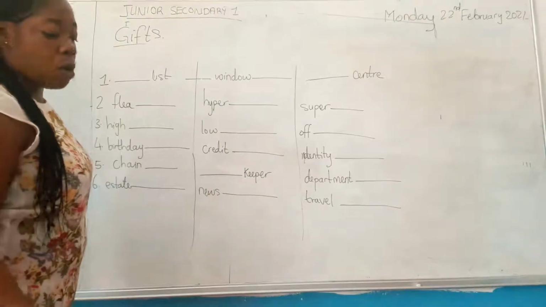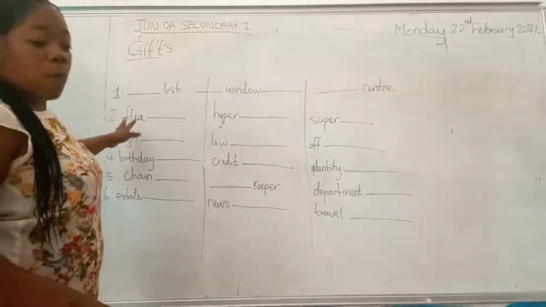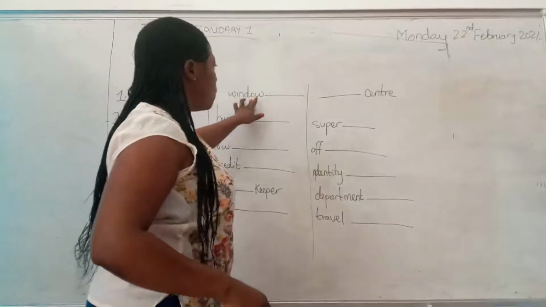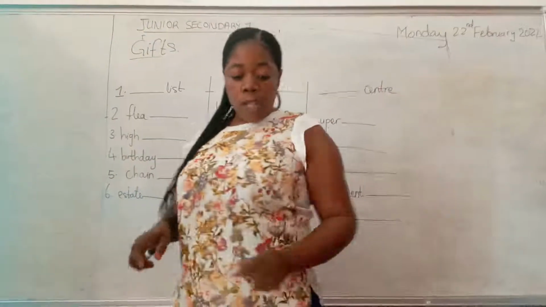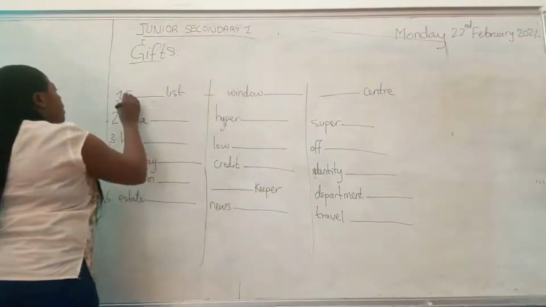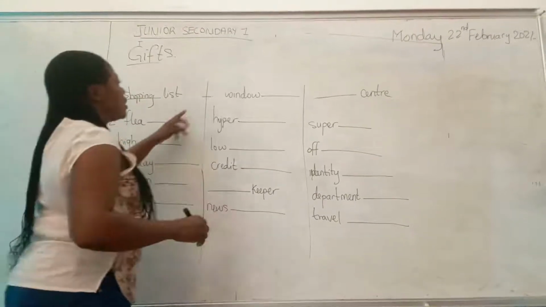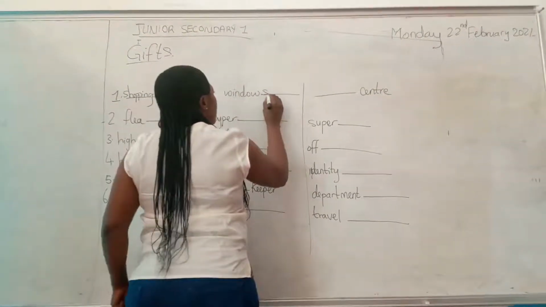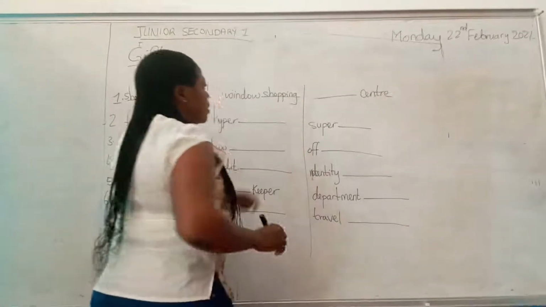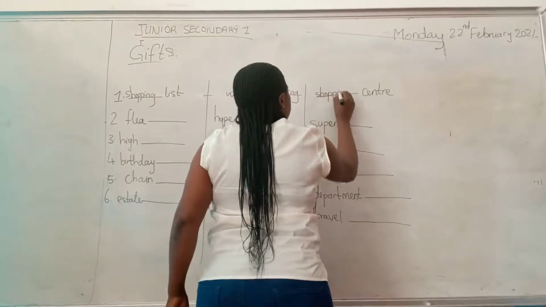Suitable nouns that go with these compound nouns. Number 1, we have list, window, center. What noun can go there? I guess shopping. Shopping list. Window shopping. You know what window shopping is, right? And shopping center.